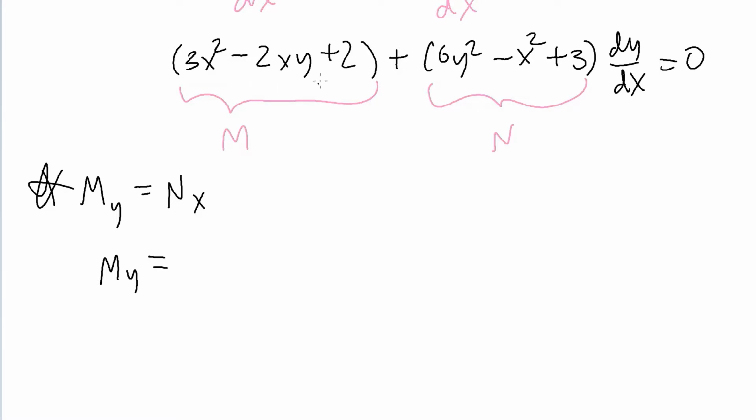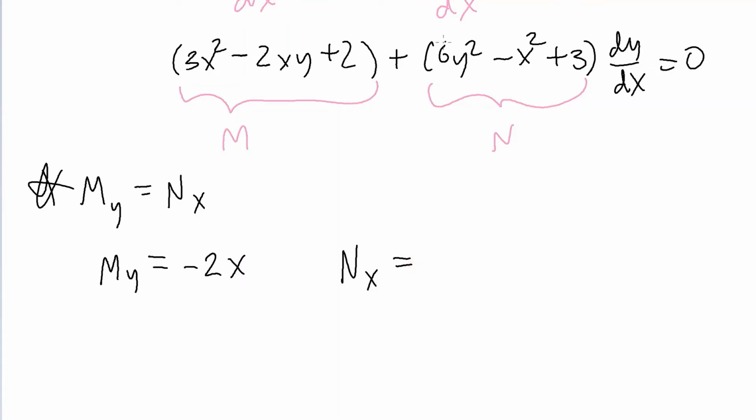The next term is negative 2xy, and we do have a y term, so we treat the 2x as if it's a constant, and we get negative 2x as the derivative, since the y gets dropped. And the 2 is constant, so it's 0. So our partial of M in terms of y is negative 2x.